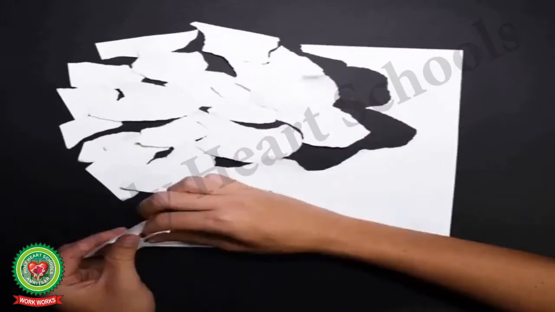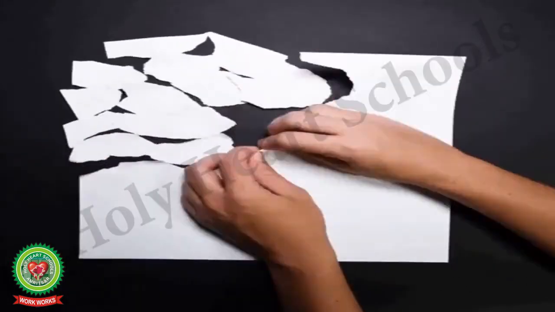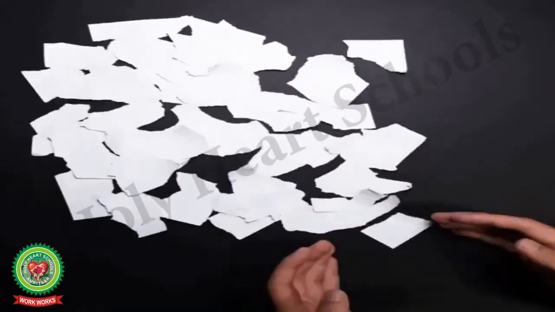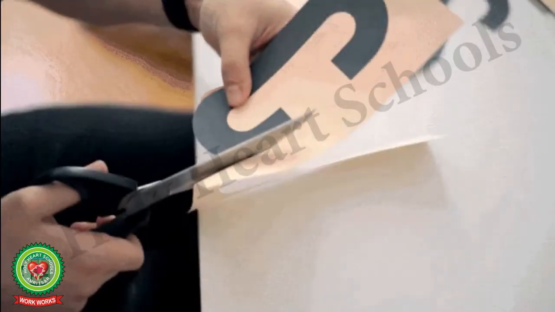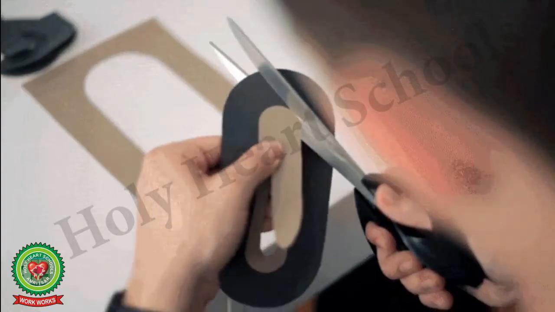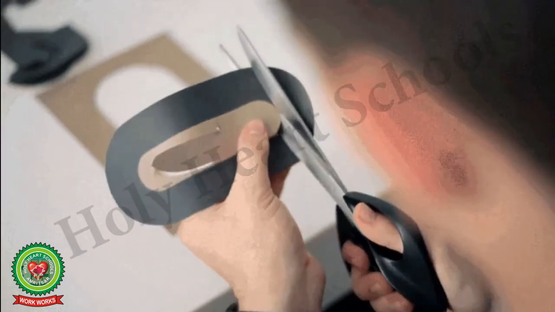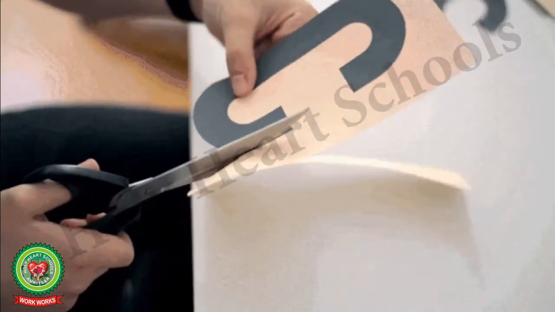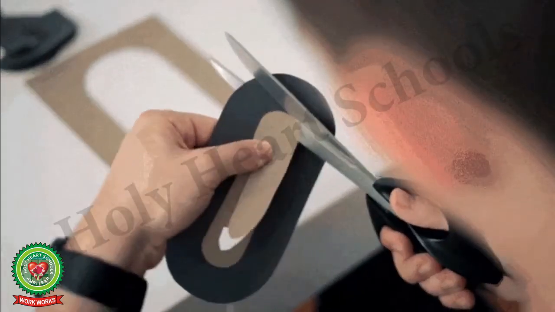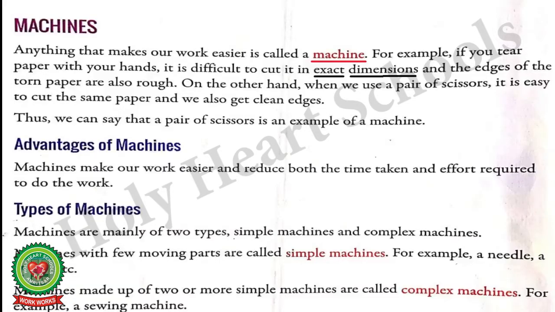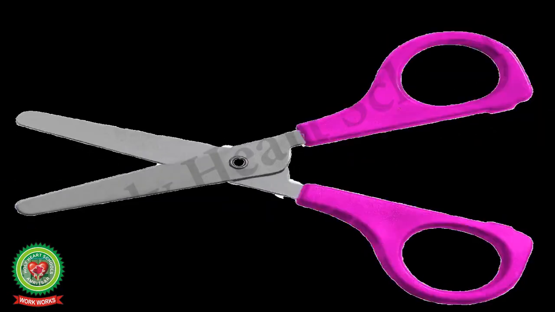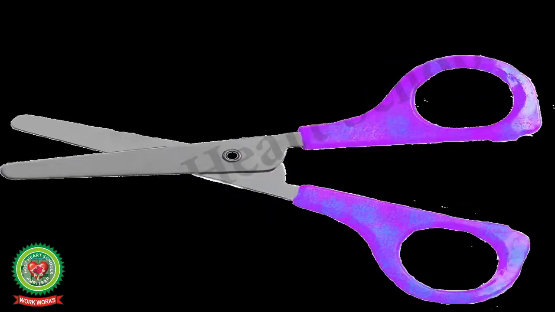So students, if we tear paper with hands, we will not get the exact dimension, but if you use a pair of scissors, it is easy to cut the same paper and we also get clean edges. So we can say that a pair of scissors is an example of a machine.